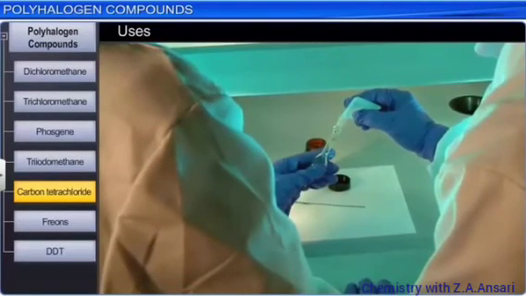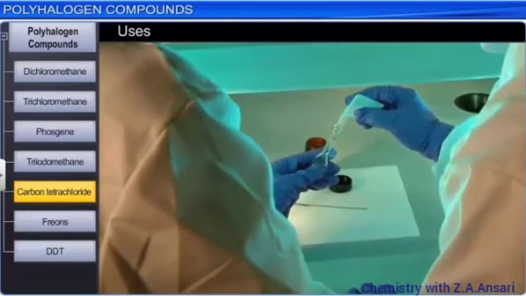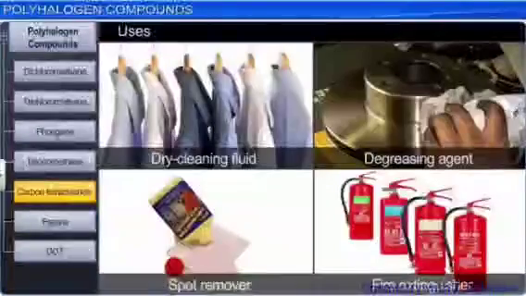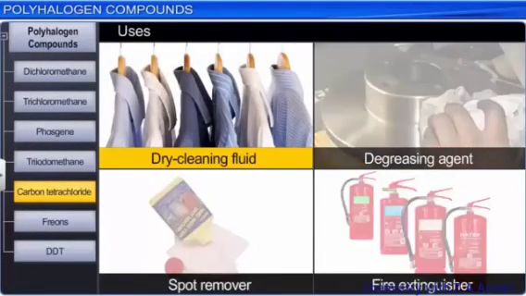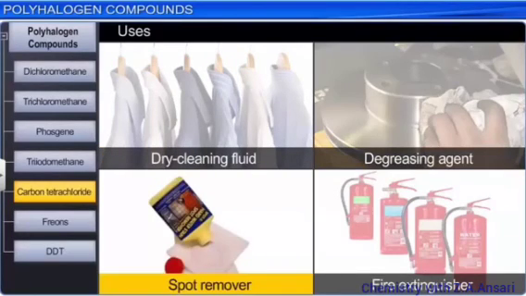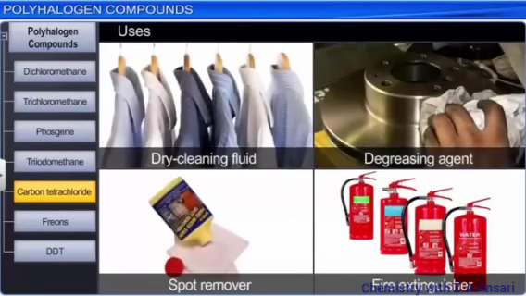Due to safety concerns, many chemists prefer to use other solvents. In the past, carbon tetrachloride was used as a dry cleaning fluid, a degreasing agent and spot remover, and also as a fire extinguisher. These uses have been generally phased out to minimize health risks.